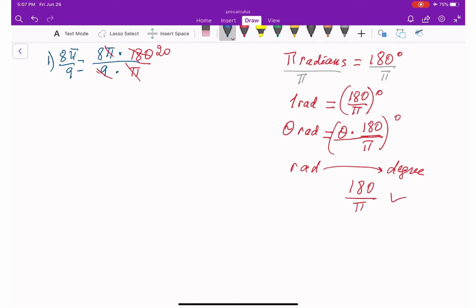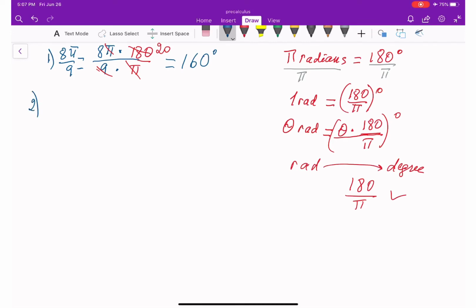So the result is 160 degrees. Second one, let's say negative pi over 3. So negative pi over 3 multiplied by 180 over pi. We are getting here 3 and 180. You can divide 180 by 3. I'm getting here 60. That will be negative 60 degrees.